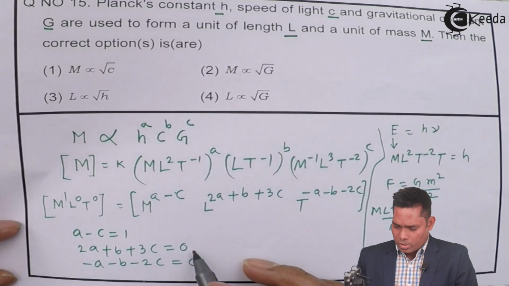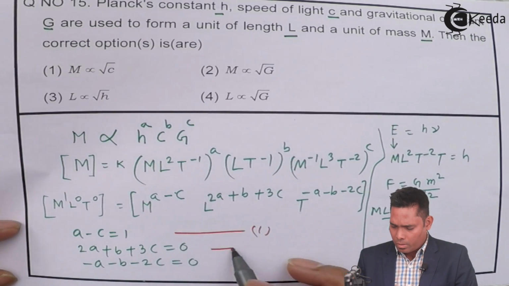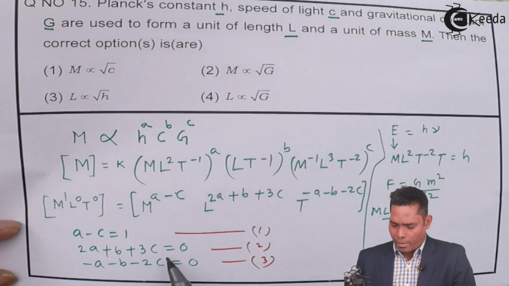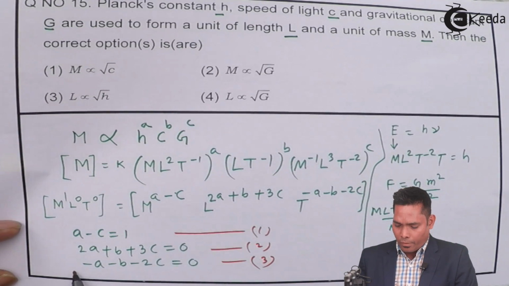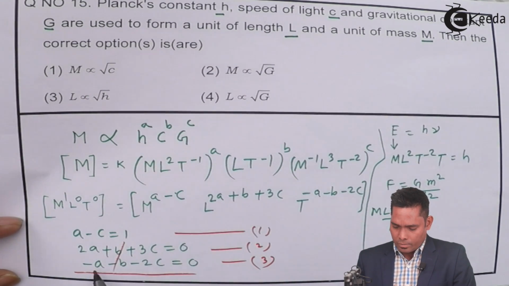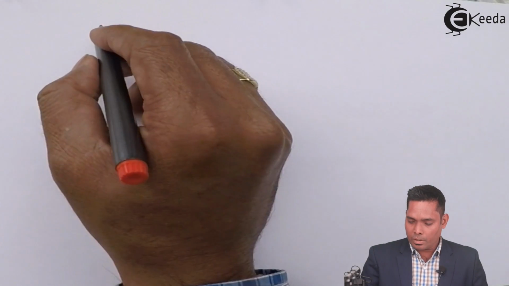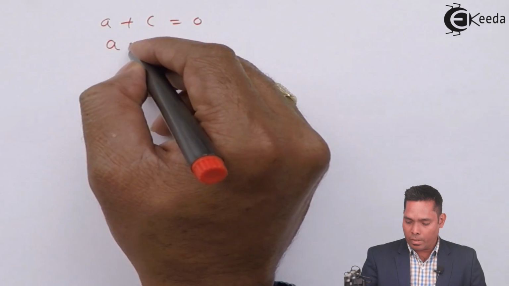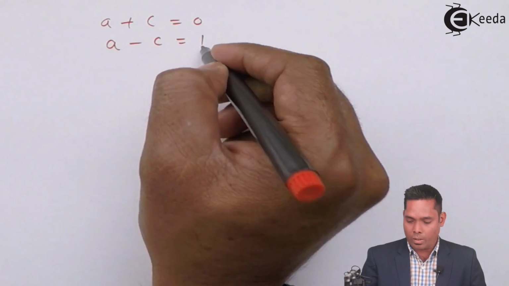Suppose these three equations are equations 1, 2 and 3. I'll consider 2 and 3 and add them. If I add 2 and 3, then b will cancel, giving a plus c equals 0. Earlier from equation 1, a minus c equals 1.